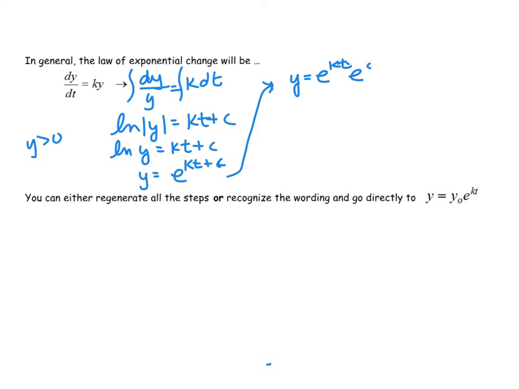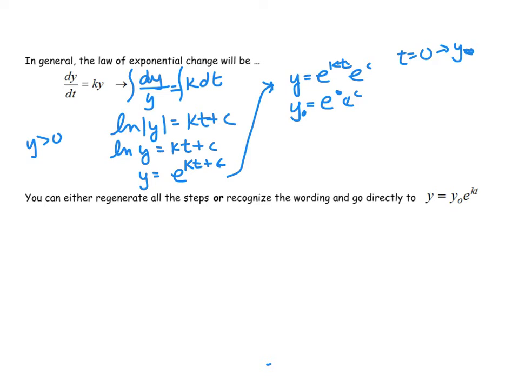We know that when t equals 0, we will have the initial amount of y, and we call that y sub 0. We don't know what it is, but we just call it y sub 0. Sorry about that, can't write it very well, but anyway, we have now y equals e to the 0 times e to the c, and that would be y sub 0.